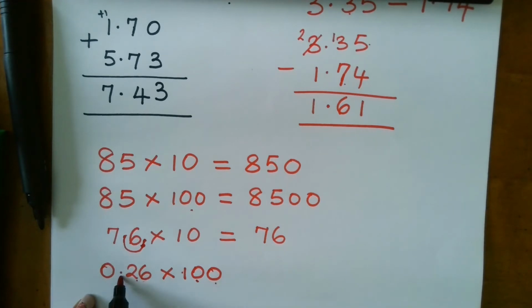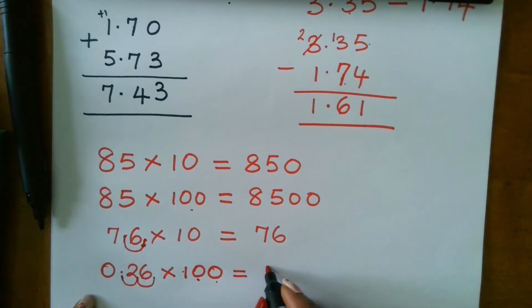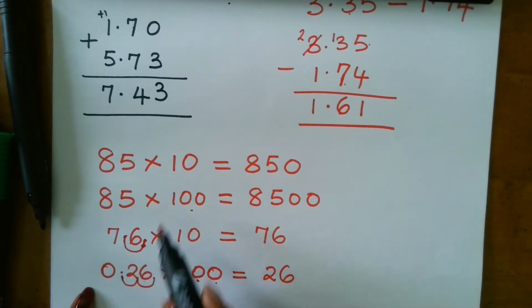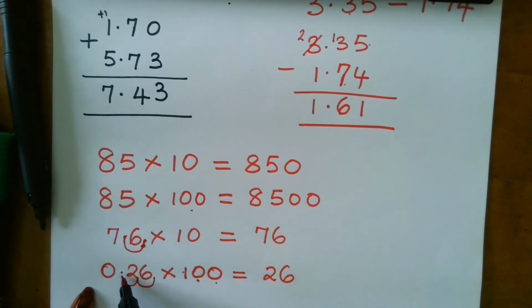I'm going to move the decimal point 2 spaces to the right. 1, 2. My answer becomes 26. So remember that if you're multiplying, the decimal point goes to the right. If you're dividing, the decimal moves to the left.